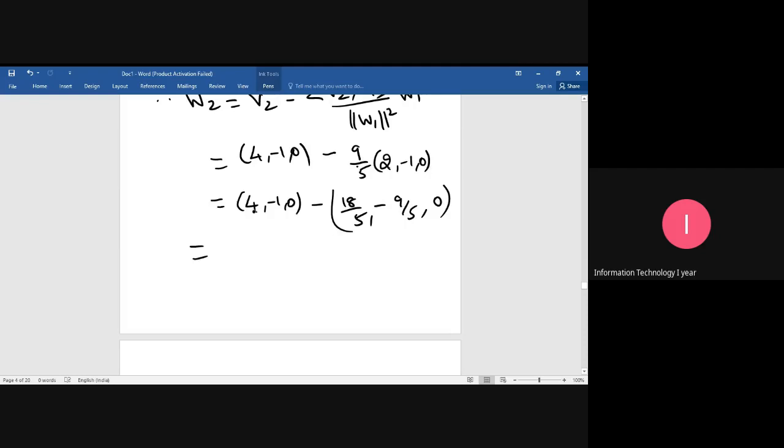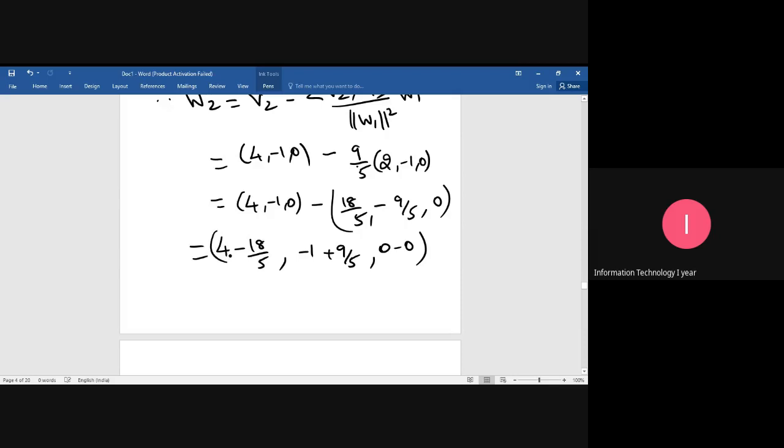Then simplifying, take the subtraction of these two vectors: 4 minus 18 by 5, minus 1 plus 9 by 5, 0 minus 0.